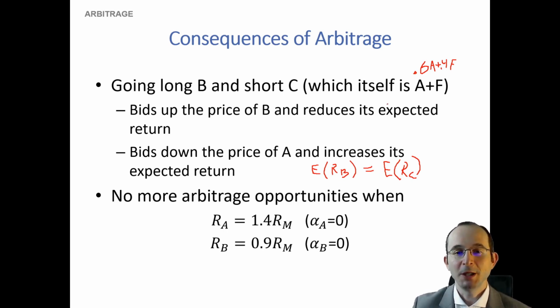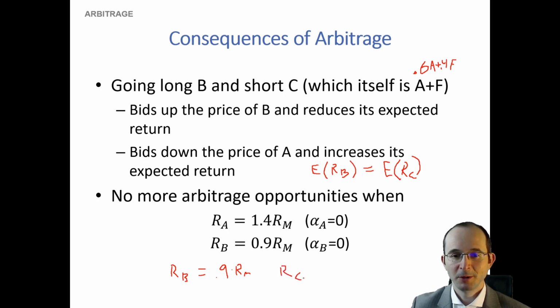But what then that means is that the return to B is just going to be 0.9 times the return to the market portfolio. The return to asset C is going to be 0.9 times the return to the market portfolio.